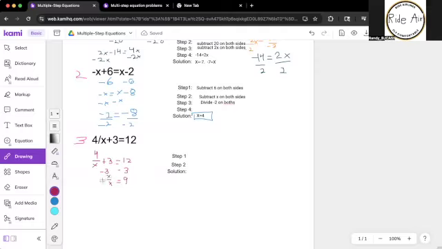Now I will multiply by 4, x is equal to 36.